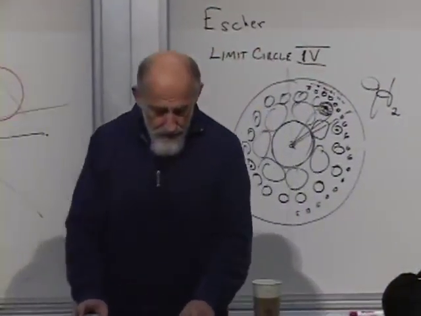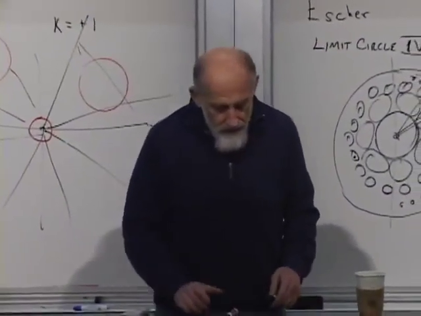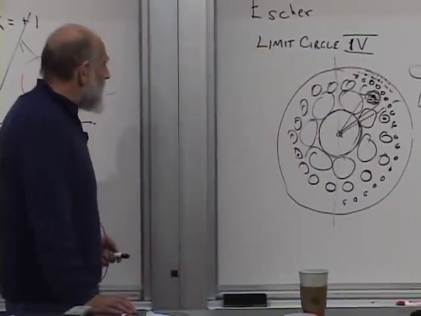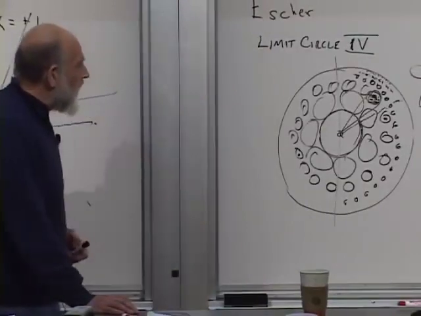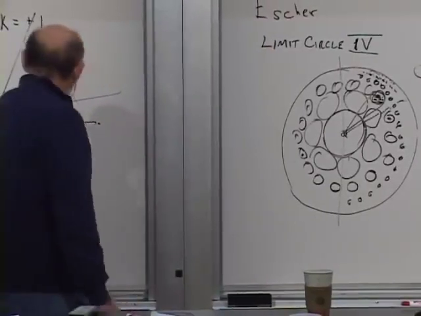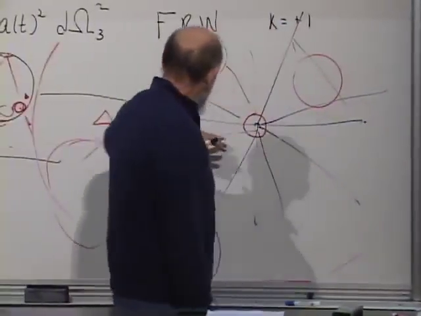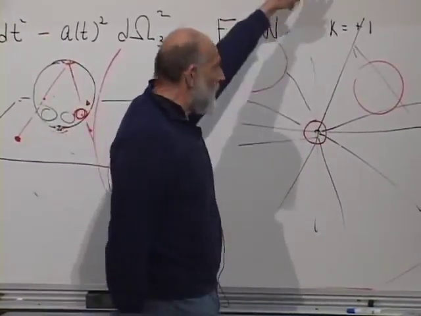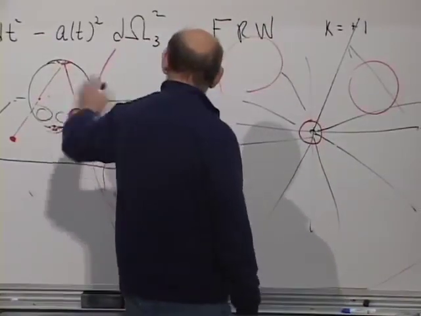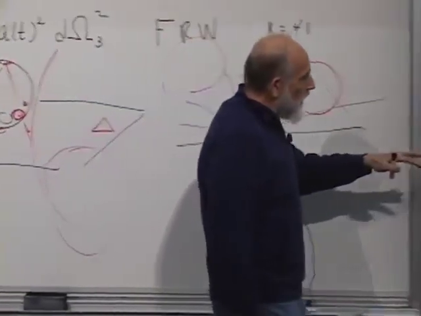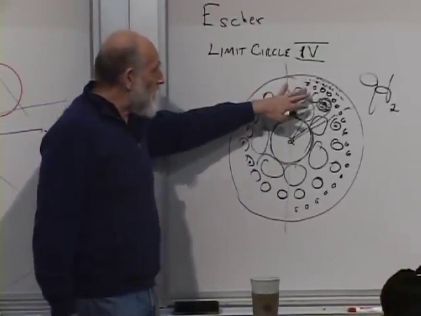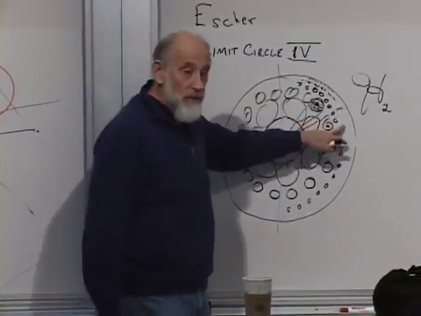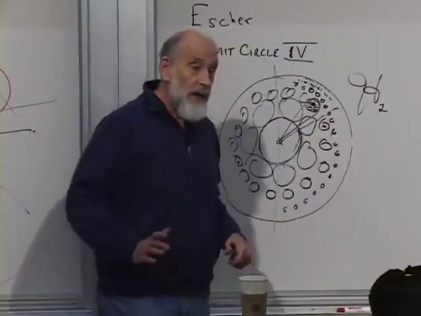Okay, so that's the intuitive mathematics of negative curvature. Keep in mind that although the projection of the sphere looks infinite, it's really describing the finite sphere, whereas the projection of the hyperbolic plane looks finite, it's really describing a space which is infinite. All right.